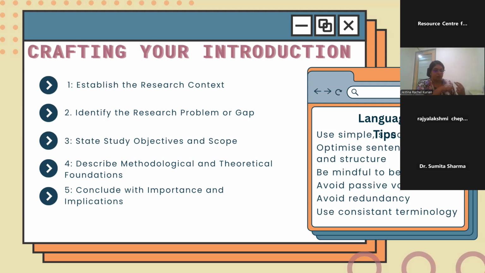We talked about collaboration, we talked about themes, we talked about contribution of institutions, we talked about countries, which countries are performing more research on the topic. So based on that, whatever questions you are having, your research questions are very relevant. At the fourth point, describe the methodological and theoretical foundations. At this point, you will be saying which method you're using to answer your research questions.